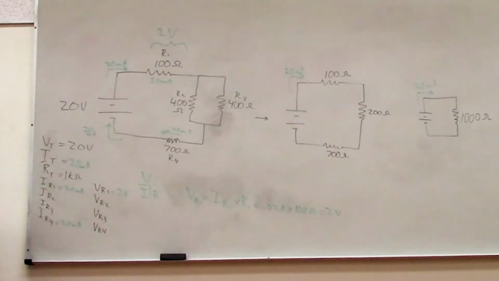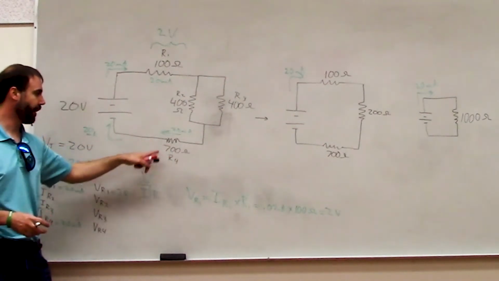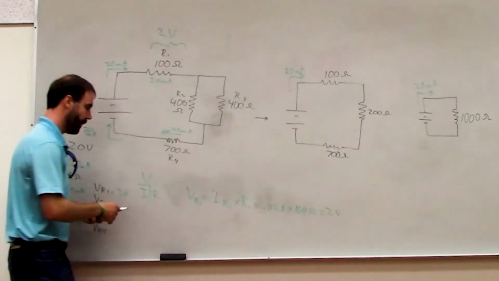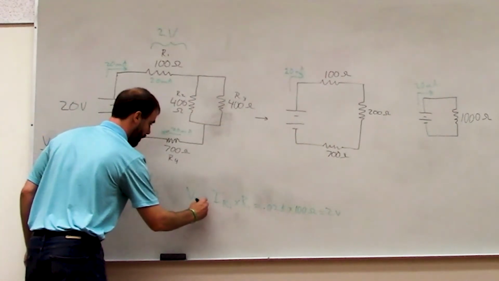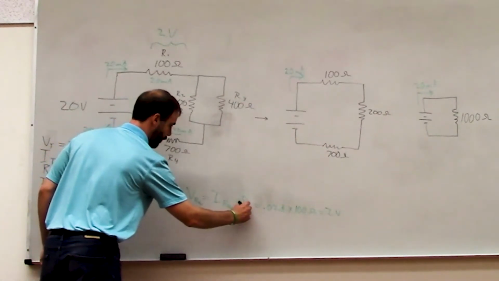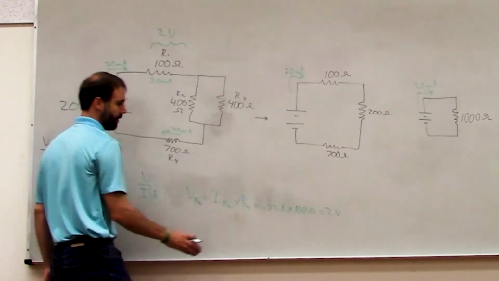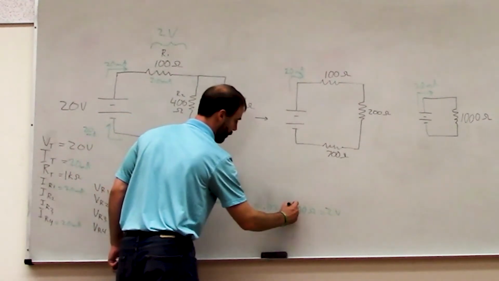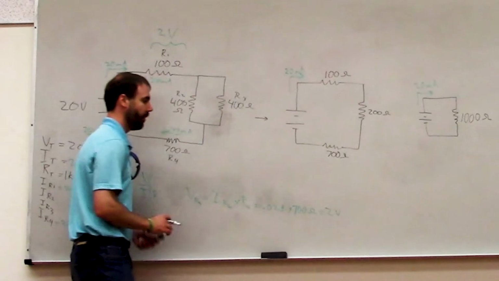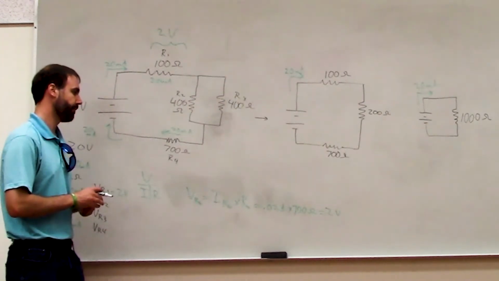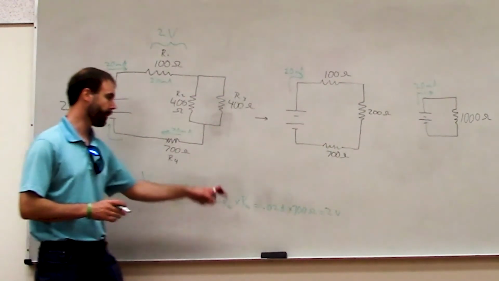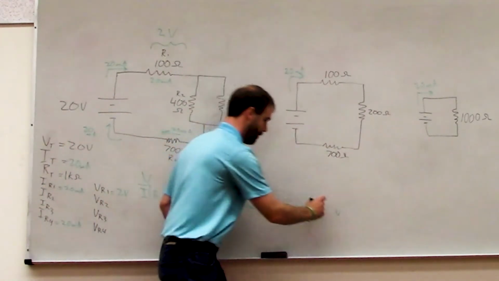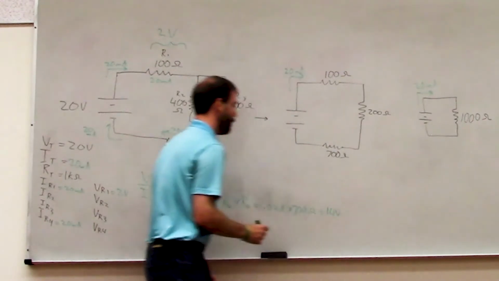Okay? And we can do the same sort of calculation for this resistor down here, R4. We can say VR4 is IR4 times R4. So IR4 is still 0.02 amps, and R4 is 700 ohms. So when you multiply that out, how much voltage is that? 14 volts.